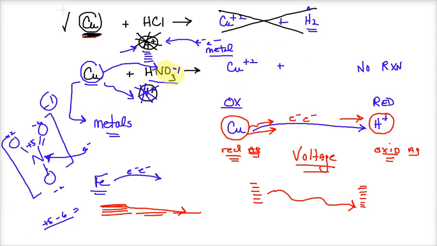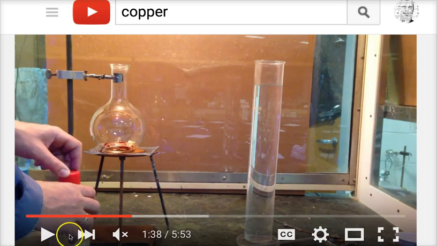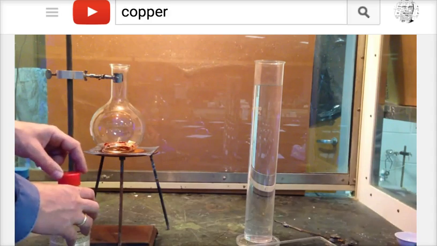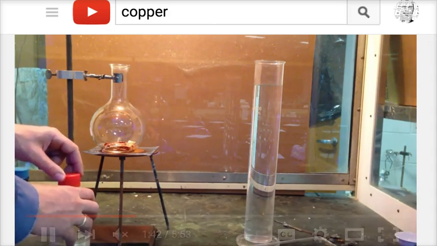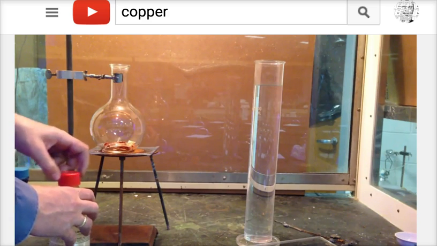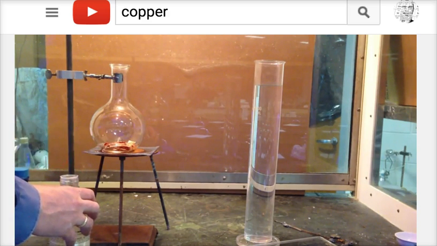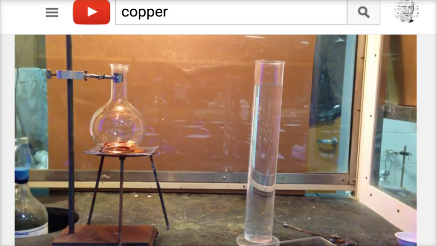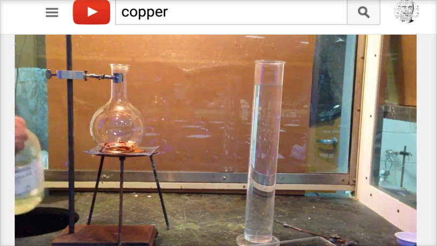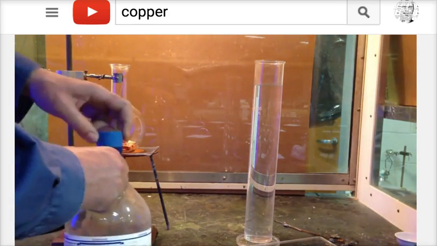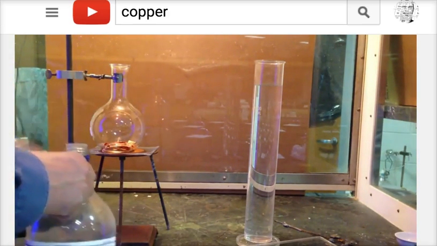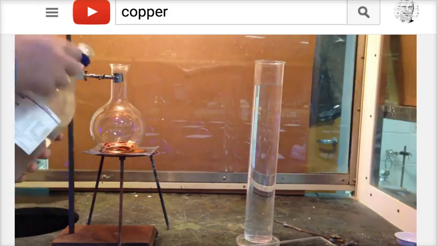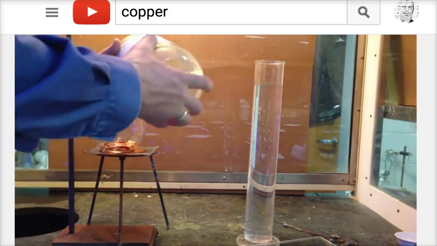Let's see that reaction. So what I have here is some copper sitting in a Florence flask, and in the Florence flask, I'm going to pour some nitric acid. Now, it's not the H+, it's the NO3- that's going to be able to react with it. So the NO3-, that N+5 surrounded by the 3 oxygens is an electron sink, and that oxidizing agent is stronger.